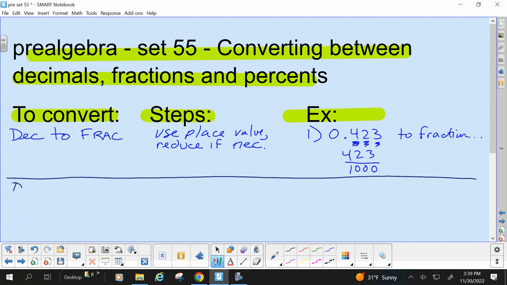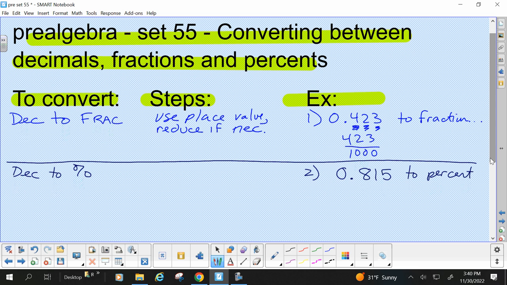Let's go decimal to percents. Say example 2 was 0.815 to a percent. Now, this is really easy. I'll do the steps in a second. But remember, percent means how many per hundred.